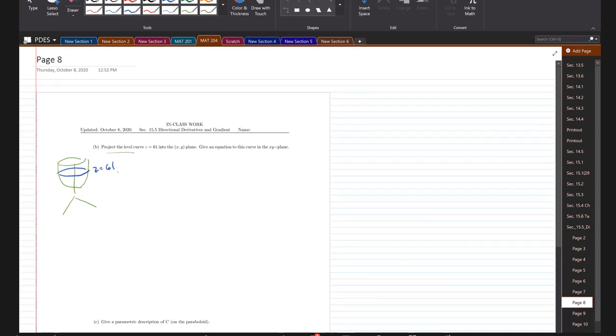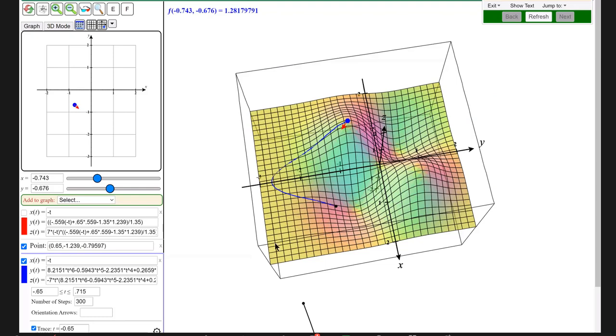Okay. Now, what I'm about to do, you could do another way, right? If you know that the shape is an ellipse, and if you remember how to do a parameterization of an ellipse, you could just go ahead and do so. But I want to show you a more general way that will always work, even if your level curve is more like this one right here.